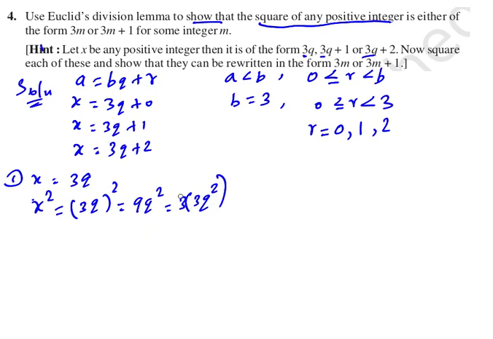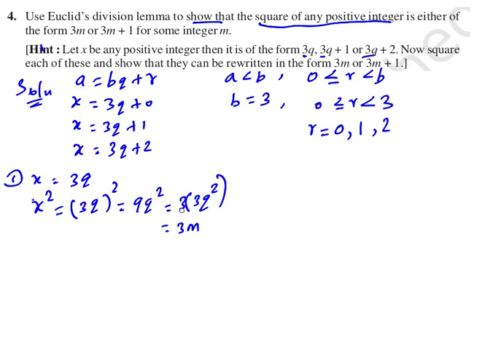So, this 3q square we can write as 3 square q square, so it will become 9q square.